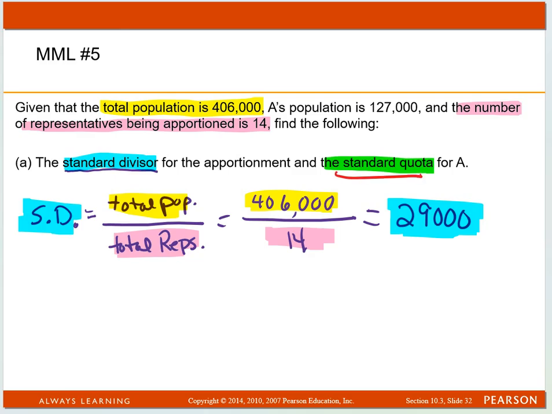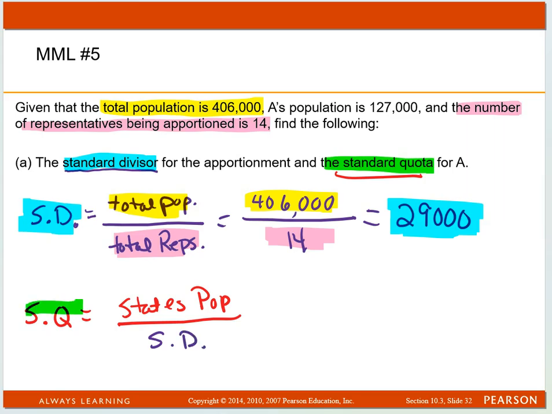The standard quota, which will be referred to as the SQ, is the state's population, not the total, just the state, divided by the standard divisor.